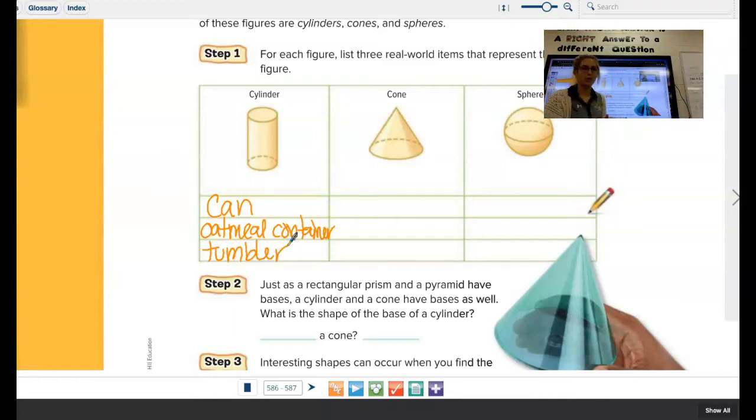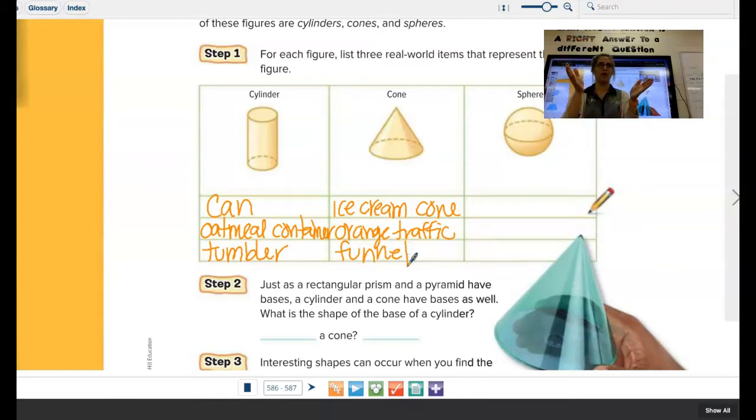A cone, your obvious one, is your ice cream cone. An orange traffic cone. And then a funnel. Not the food, but if you're trying to funnel oil into your car or something like that, that's what I'm talking about.